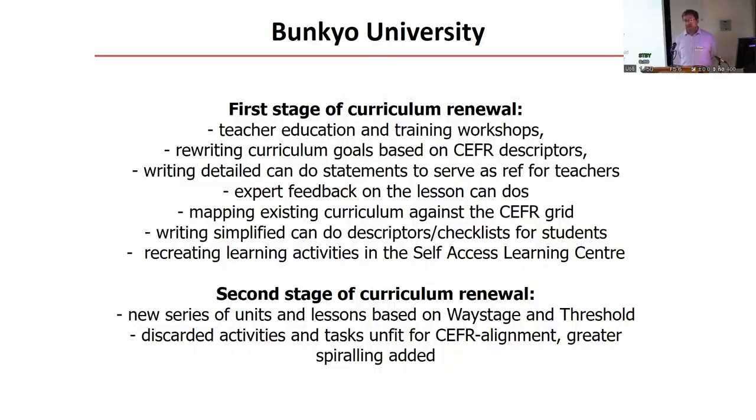Then they got a colleague, Yuki Naganuma, to provide expert feedback on the lesson can-dos, and probably what he said was, listen, these are great, but in terms of the learning materials you have right now, there needs to be a bit more of what he called spiraling.